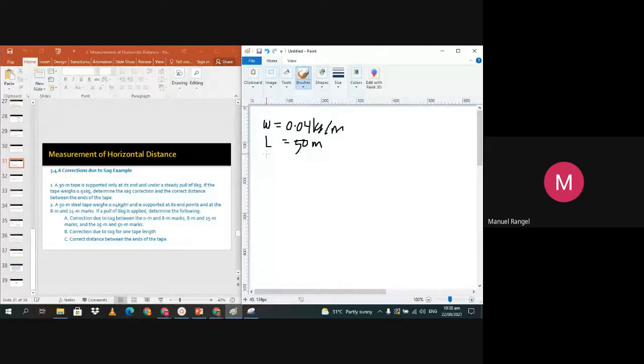The P is given as 6 kilograms. Okay. What else? Ang mga length niya. So we have the total length of 50. Then pila ka support siya? 8 and 24, and 25.